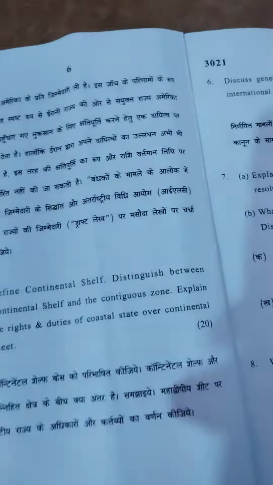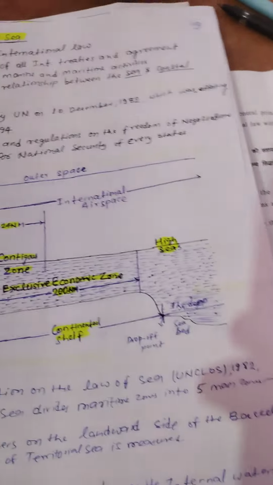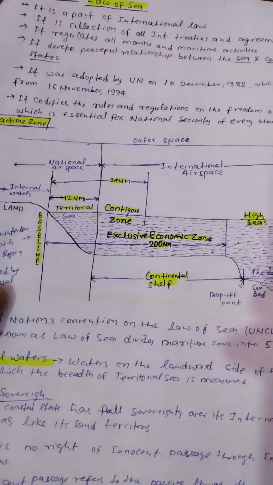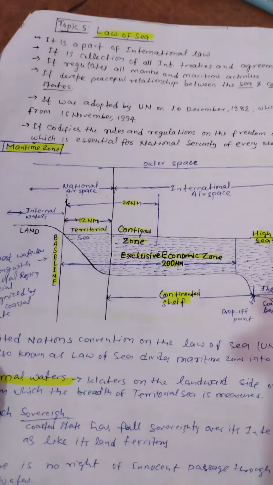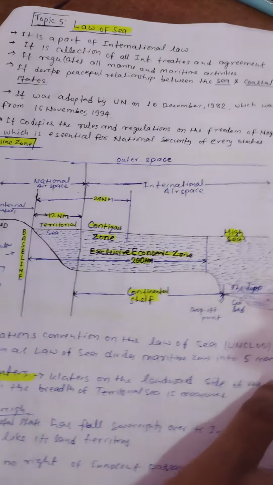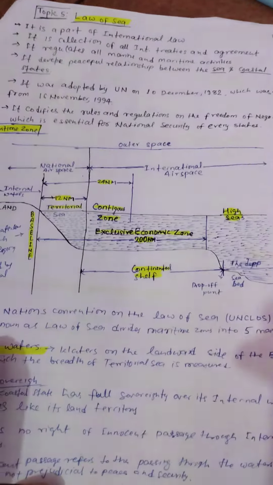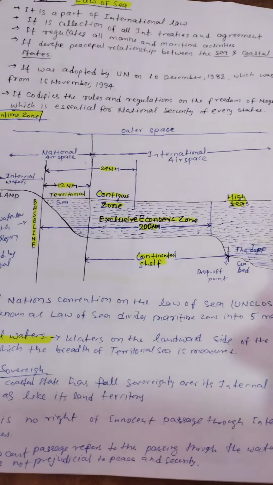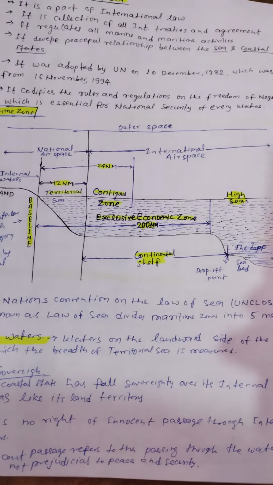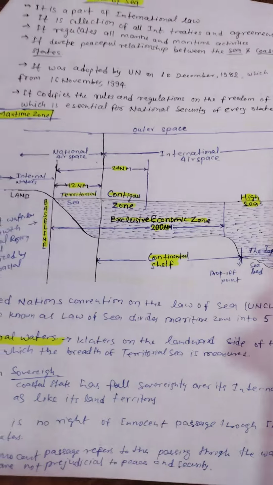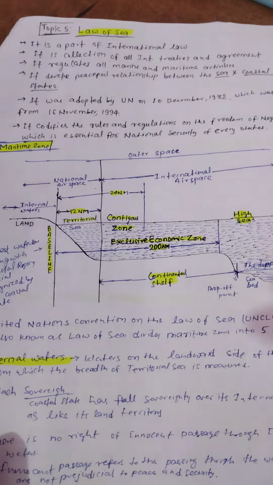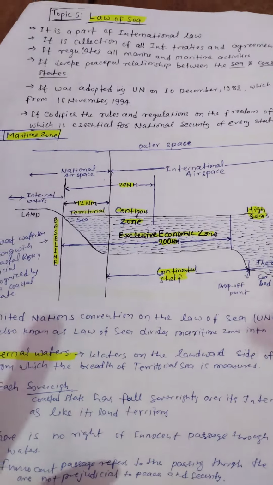Yeah, you can see, this topic comes under chapter 5. I am talking about the concerned syllabus of Public International Law provided by Delhi University, Faculty of Law, second semester. Topic 5 covers the law of the sea.